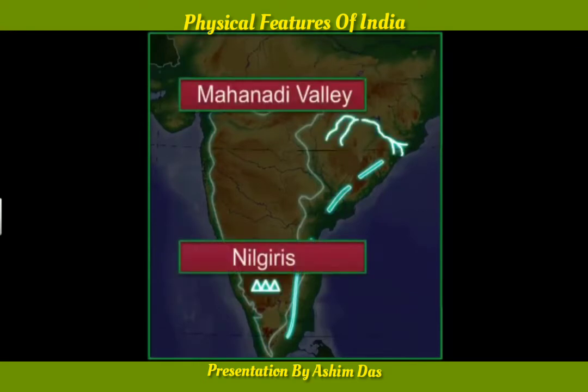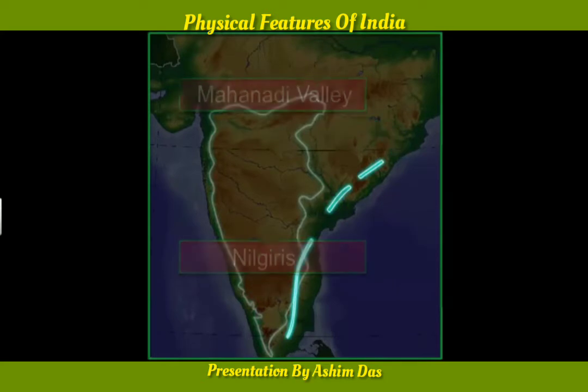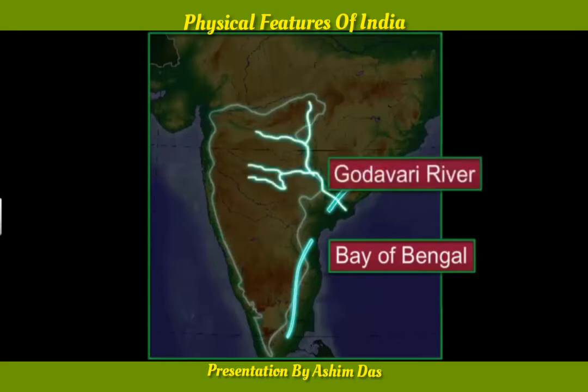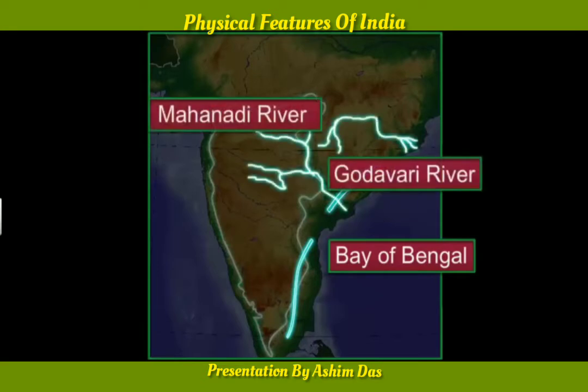Unlike the Western Ghats, the Eastern Ghats are discontinuous and irregular. They are interspersed with several rivers that drain into the Bay of Bengal. These rivers are the Godavari, the Mahanadi, the Krishna, and the Kaveri.